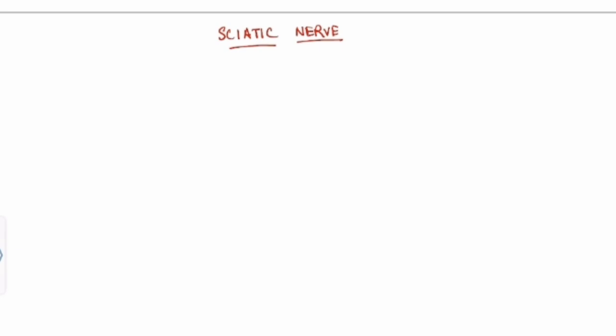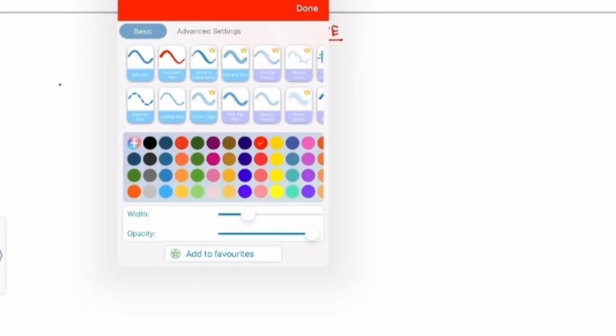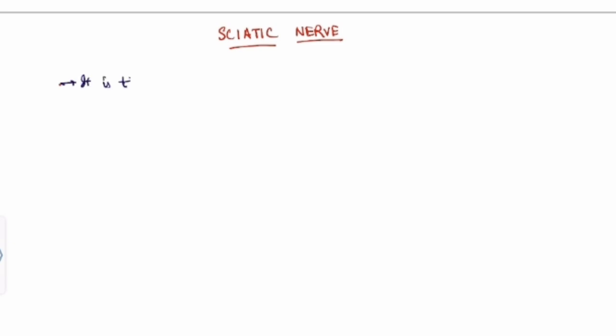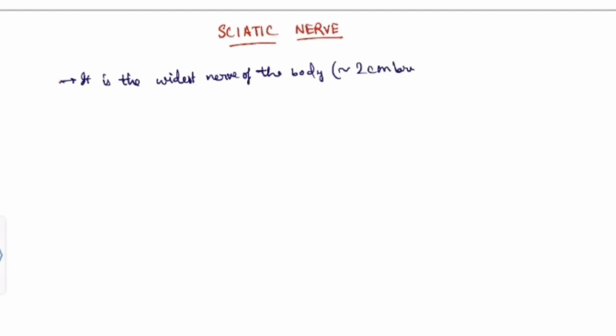So let us first go to the basic information. Imagine a 2 centimeter thick nerve, consisting of two components, tibial and common peroneal.